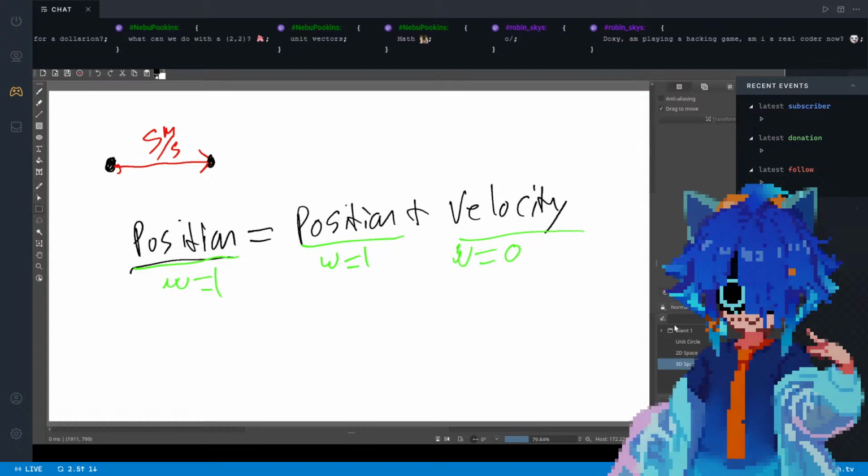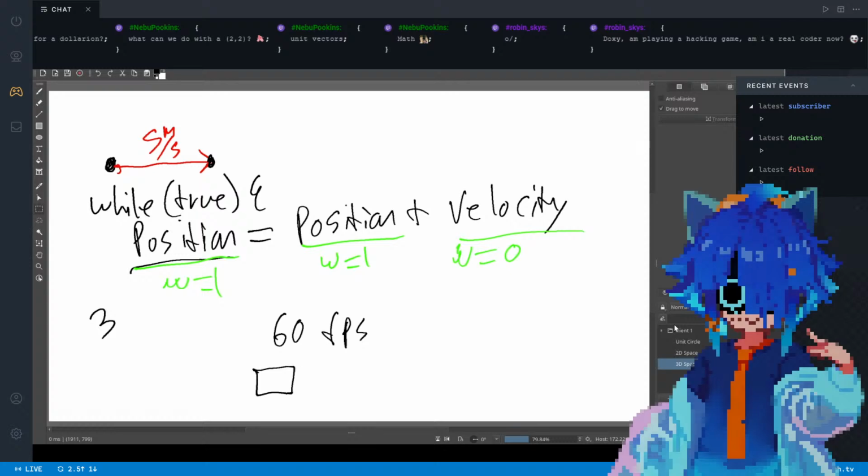But there is a slight problem with this computation. We would want to run this in a while true loop that produces a new position every frame. So I'm happy, I'm running this at 60 FPS, and it looks great. But my friend is running our game on their toaster, and they can only get 5 FPS out of their toaster.